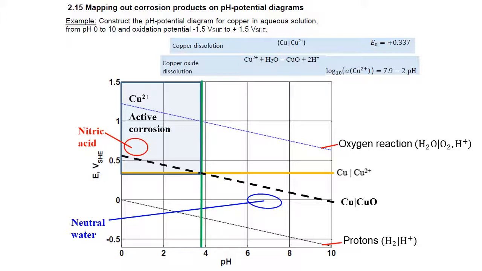So row D was the equilibrium between copper metal and the solid copper 2 oxide. So that has the dashed black line for the equilibrium.